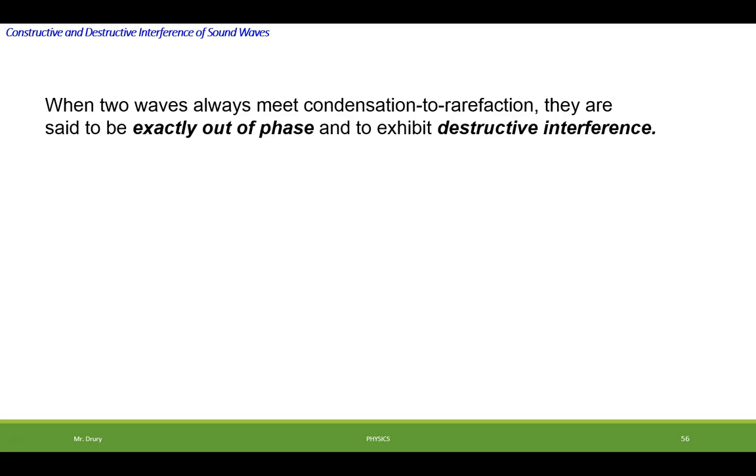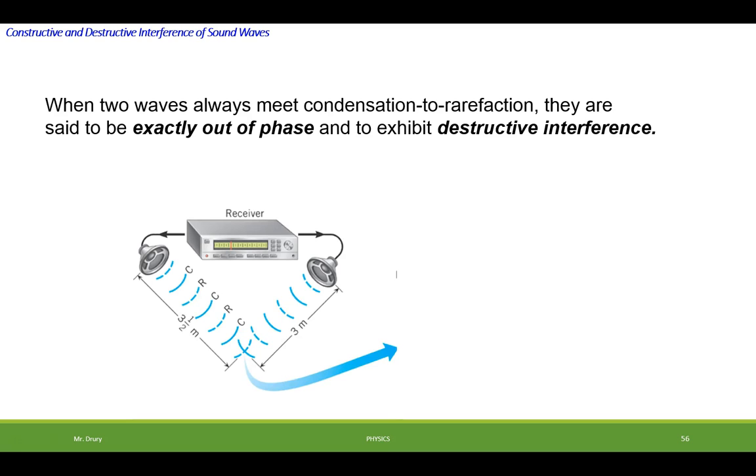Okay, so how about if they don't line up condensation to condensation or rarefaction to rarefaction, but they're exactly out of phase? In other words, we have a condensation hitting a rarefaction. What would happen? What we did here is we have the same setup, but we moved this speaker back half a meter.